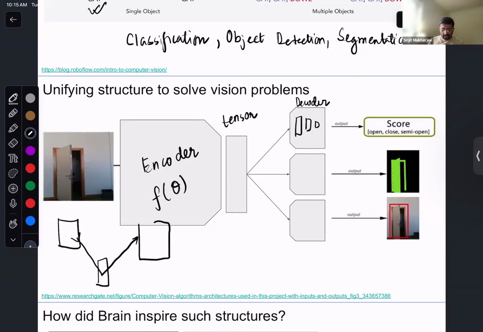DeepLab, UNet, all these things work on this kind of structure. And same for object detection. If you read about all the object detection techniques, often all these things are done together in something called Mask R-CNN.